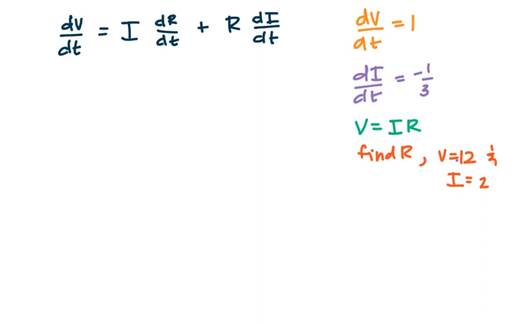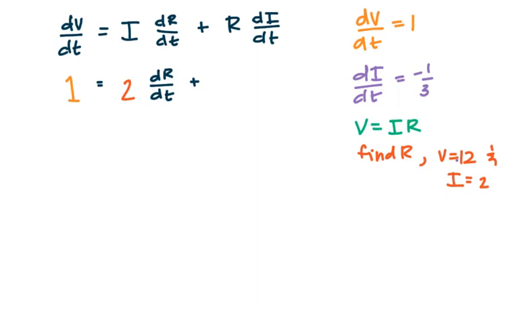All right, so we'll plug in 1 for dV/dt. My I value is given at that moment, it's 2. dR/dt is what we're being asked to find. Now, I don't have an R value here, but I do have an equation that relates V, I, and R together.